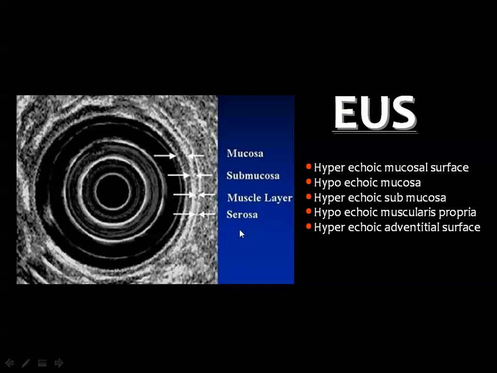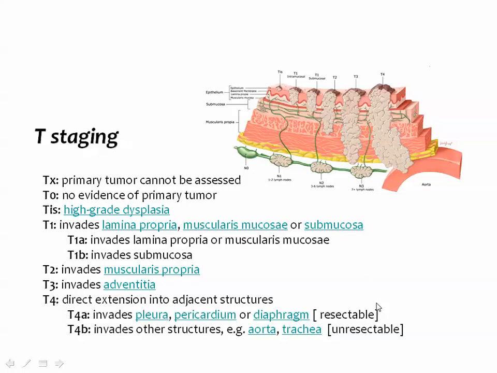Endoscopic ultrasound has its major advantage in showing the esophageal lumen and the esophageal wall in detail, including the hyperechoic mucosal surface, then the hypoechoic mucosa itself, then the hyperechoic submucosa, then the hypoechoic muscularis propria, and finally the adventitia, which is also hyperechoic.